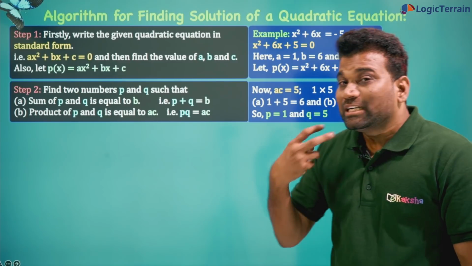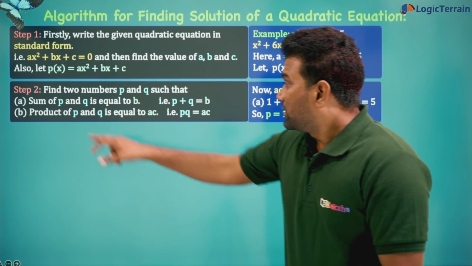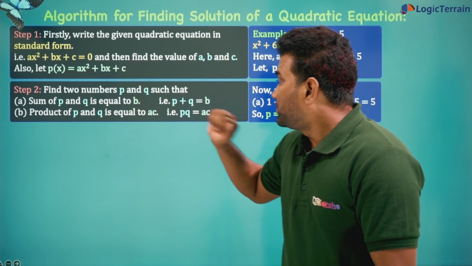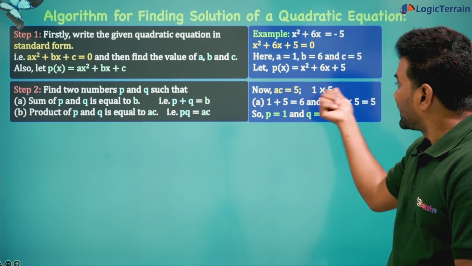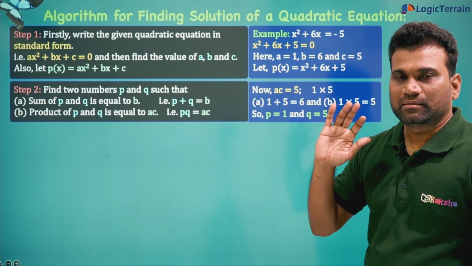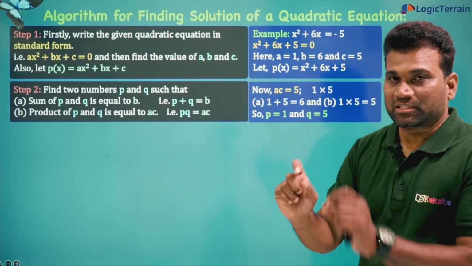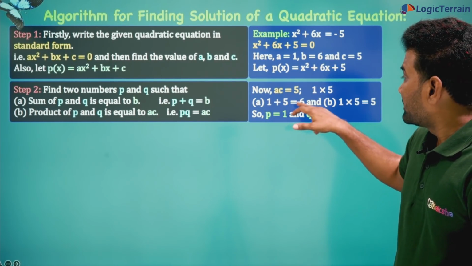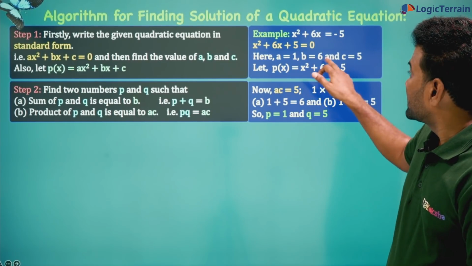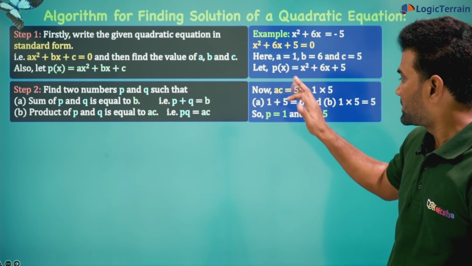First condition: we need to find two numbers in such a way that their sum should be equal to b. So the two numbers I am taking are 1 and 5 only. There are no other factors, we can't split 5 into other factors, right? So 1 plus 5 is equal to 6. See, what is b? 6. So the first condition is satisfied.